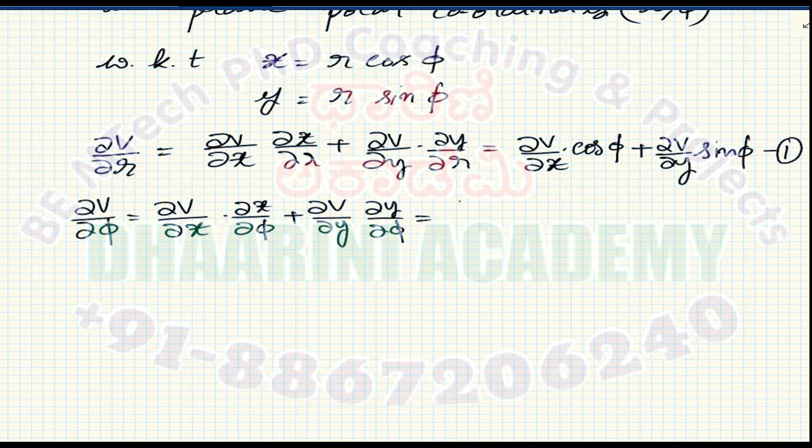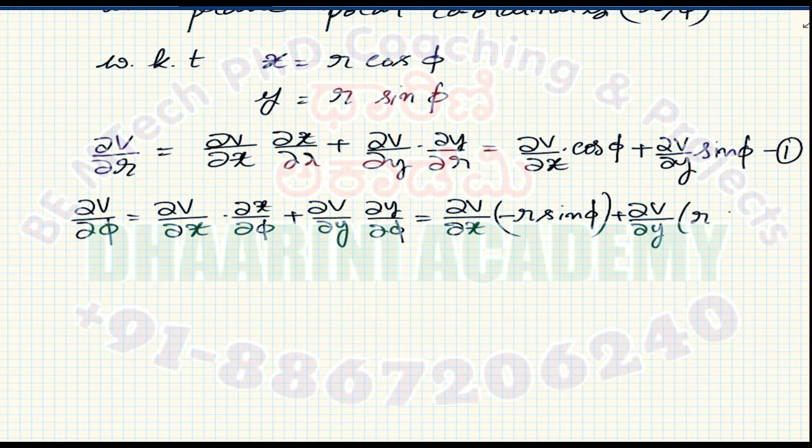So that is equal to dou v by dou x into dou x by dou phi, which when you substitute is minus r sin phi, the product. Next one is plus dou v by dou y into the differentiation of y with respect to phi, which is r cos phi. Let me call this equation number 2.